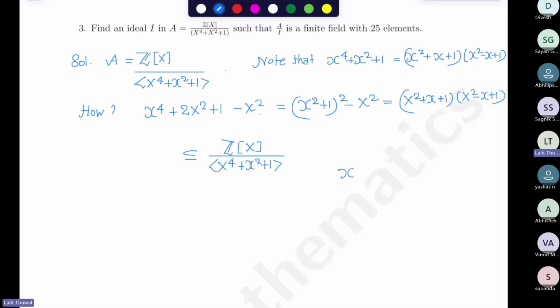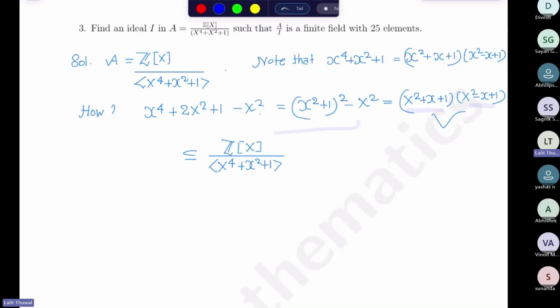So by the way, I want to ask you a question, students. Are these co-maximal? These two ideals? Why? R is a commutative ring, R/IJ is isomorphic to R/I cross R/J. No, I'm not asking about the Chinese remainder theorem. I'm just asking whether these two ideals, this one and this, are co-maximal in Z[x] or not. Yes, sir. Co-maximal.